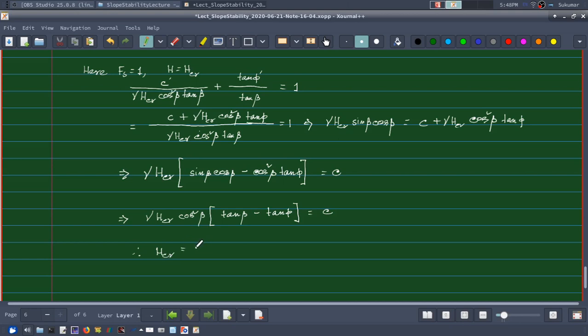H critical will be equal to C by gamma, C divided by this whole thing that I will just write in a simplified manner, into 1 upon cos square beta into 1 upon tan beta minus tan phi.